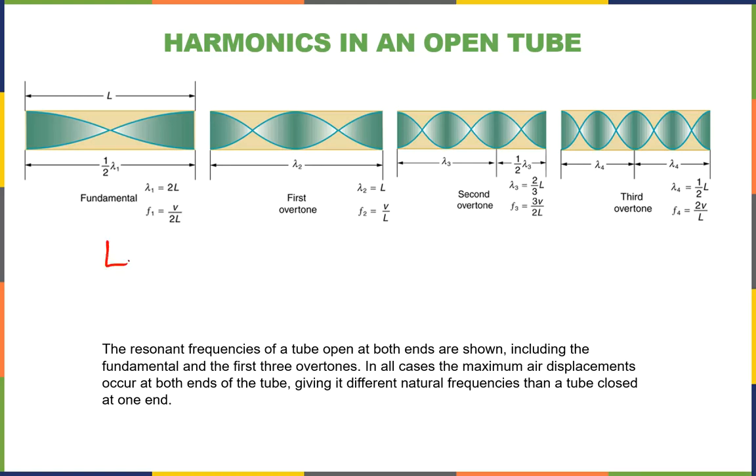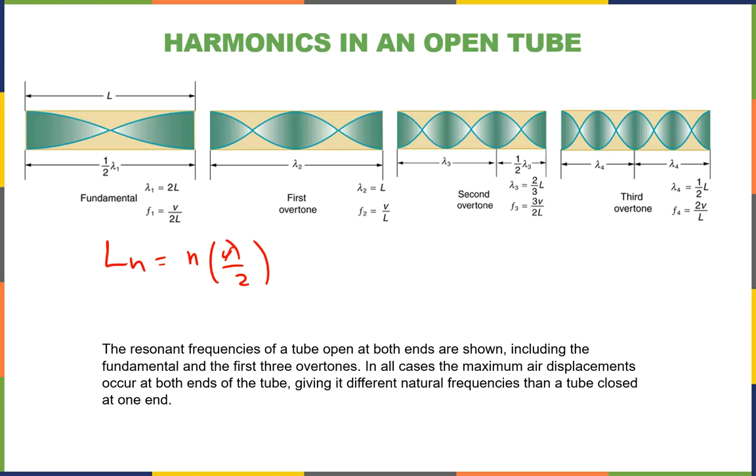The lengths that would resonate are equal to n times lambda over 2, right? That's exactly what we had for a wave on a string. And so it turns out you have exactly the same frequency equation for waves that resonate on an open tube as you have for waves that resonate on a string. Because they both have, well, in this case, it was antinode to antinode.